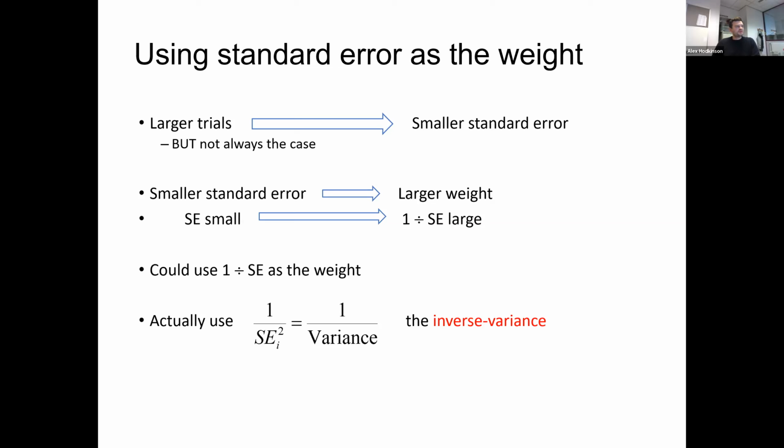So a small standard error means that we assign a larger weight. If the standard error tends to a small value, its inverse tends to a large value. So in principle, we can use the inverse of the variance, the inverse variance, as one way to assign the weight to the individual studies.